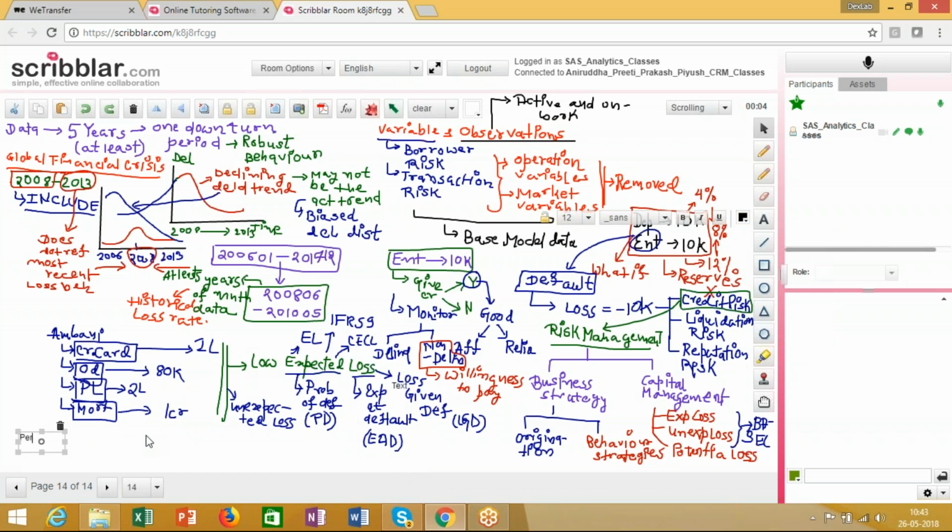Okay. So basically, talking about personal loans. What are personal loans? Personal loans are nothing but a closed-end loan product, or a term loan.